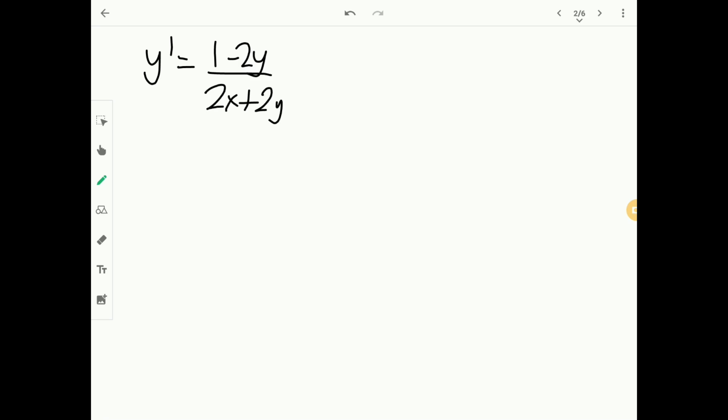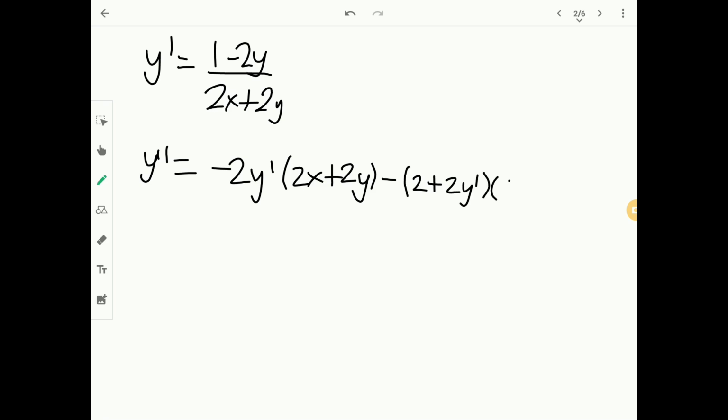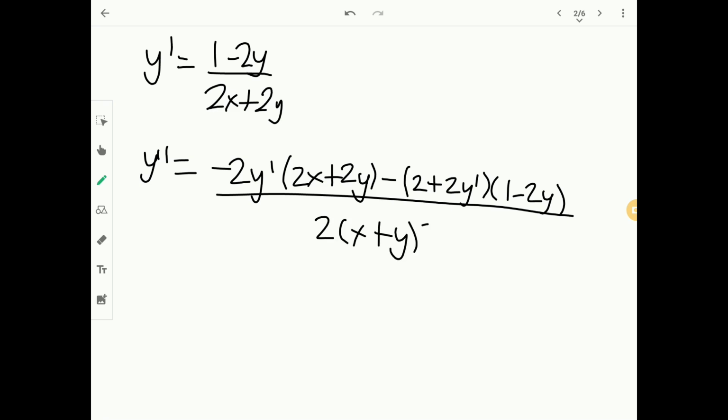We want y double prime, so we use the quotient rule. So we get minus 2y prime into (2x plus 2y) minus (2 plus 2y prime) into (1 minus 2y), all over, let's take the 2 out for now, (x plus y) squared.